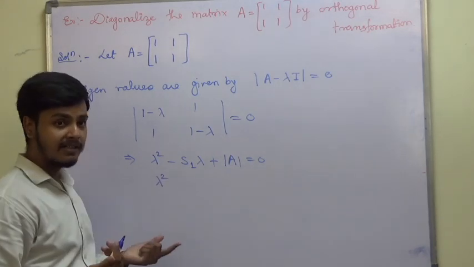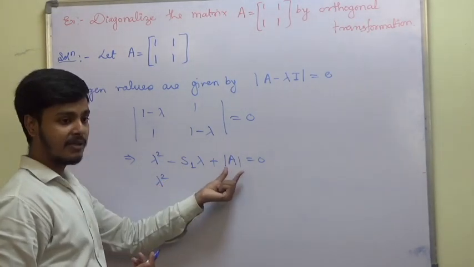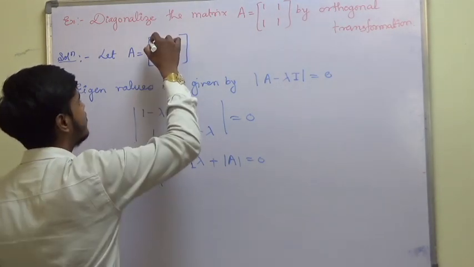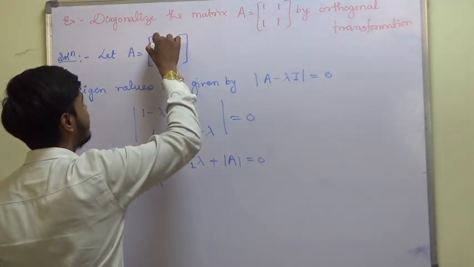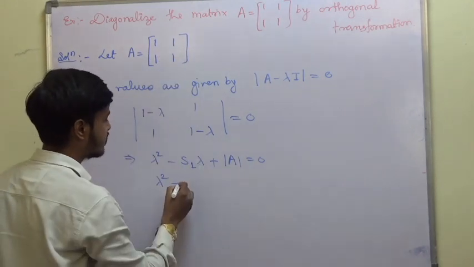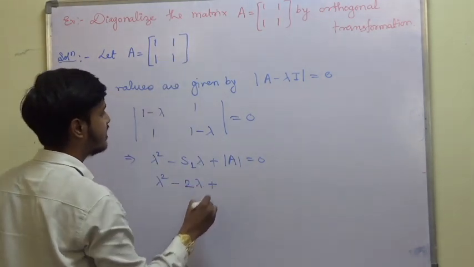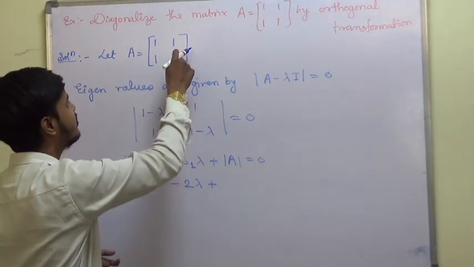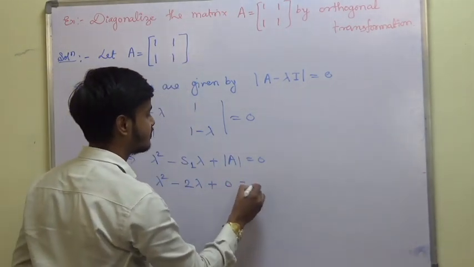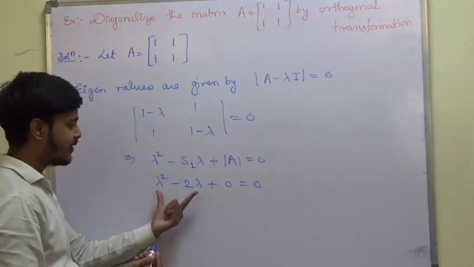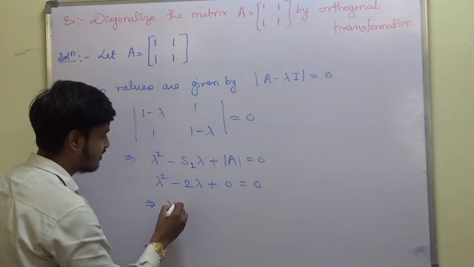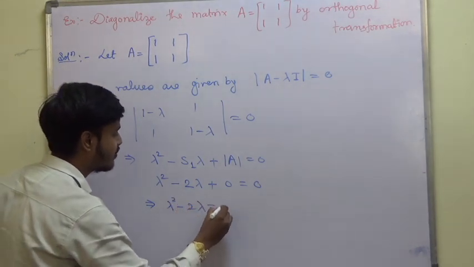Now you are smart enough to get the values of s1 and the determinant. S1 is the trace, the sum of the diagonal elements, 1 plus 1, so minus 2 lambda. The determinant is 1 into 1 minus 1 into 1, so 0. Now you can easily solve: lambda squared minus 2 lambda equal to 0.